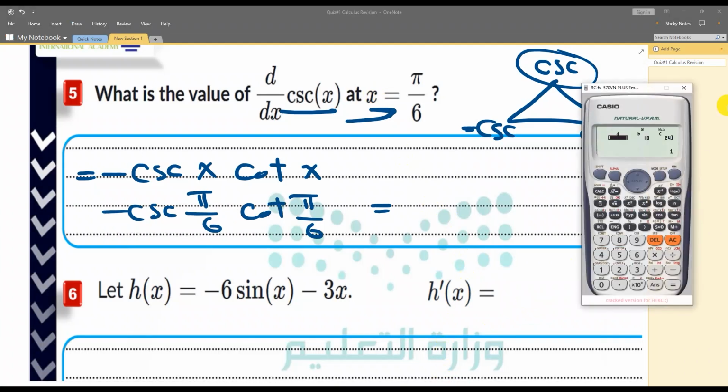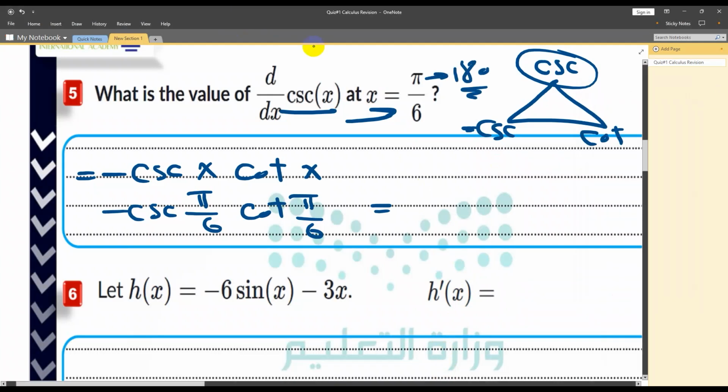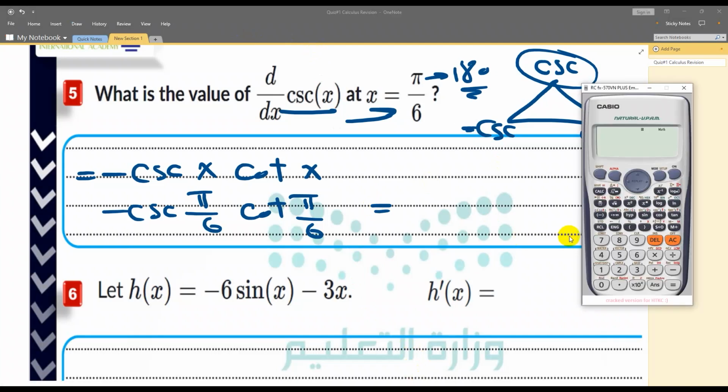At first, if you want to write pi over 6, you have to change your calculator to radian. But we will keep it in degrees, and instead of pi, I will plug in 180. So it will be 180 over 6. Let's do it. At first, cosecant. We don't have cosecant on our calculator, so what are we going to do? Negative, and then bracket 1 over.